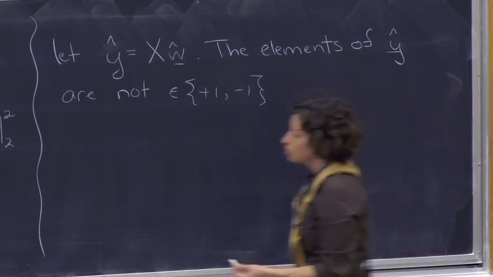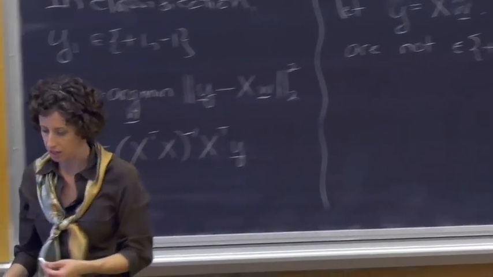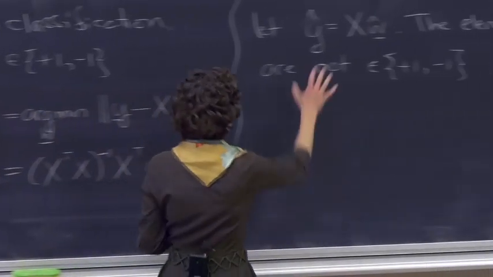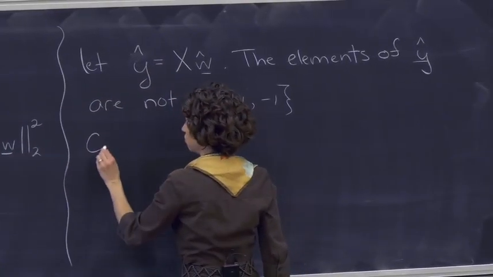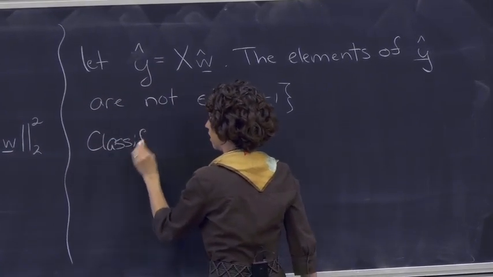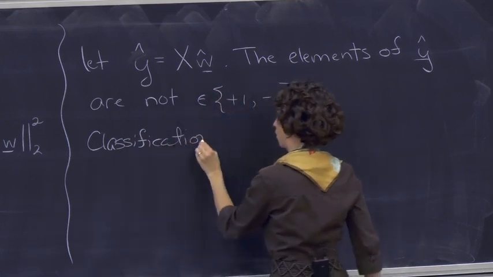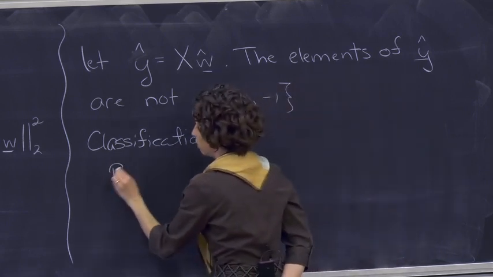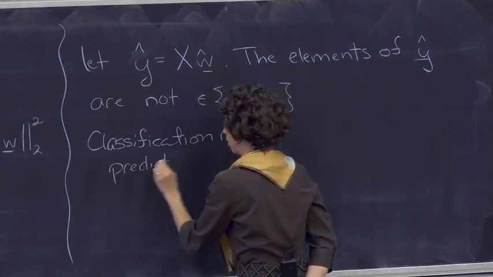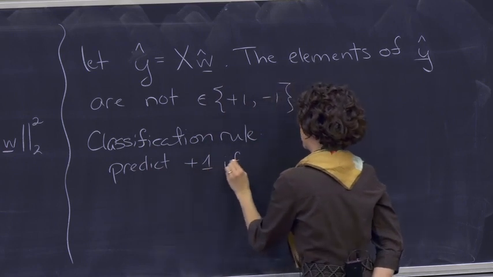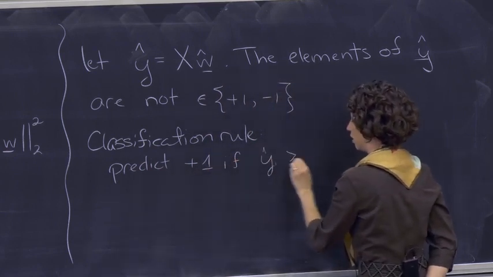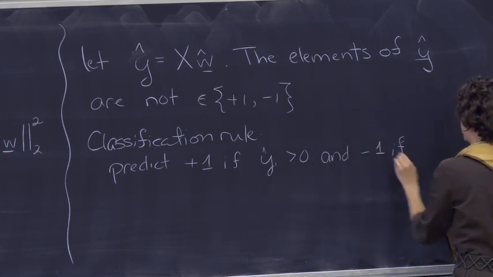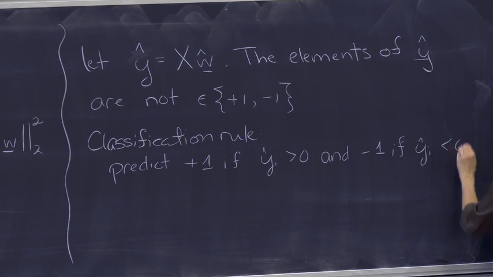And so now what we'd like to do, though, is to actually make a prediction. Like, is this a picture of somebody smiling or not? So once we've got this y hat, what we have to do is come up with a classification rule where we're going to say we predict +1 if y hat i is greater than 0, and -1 if y hat i is less than 0.